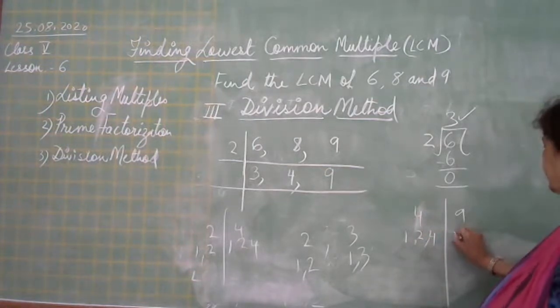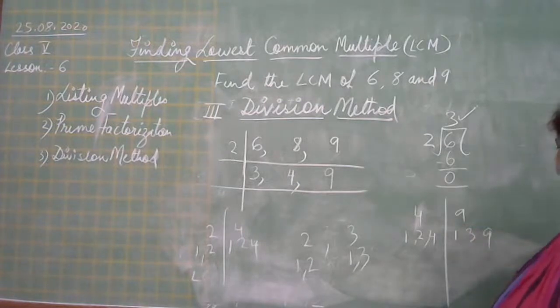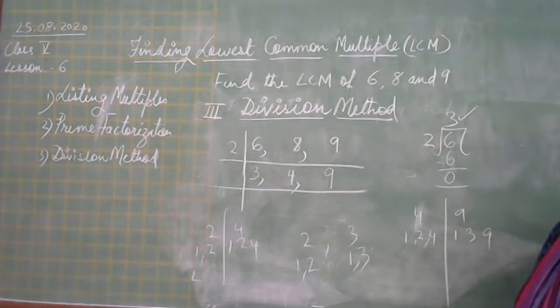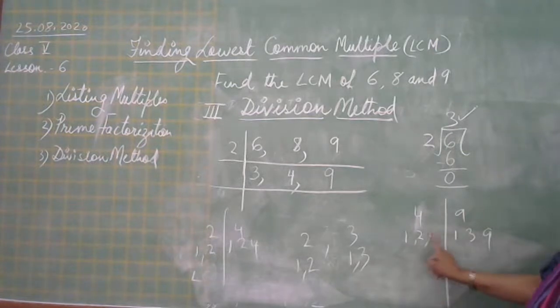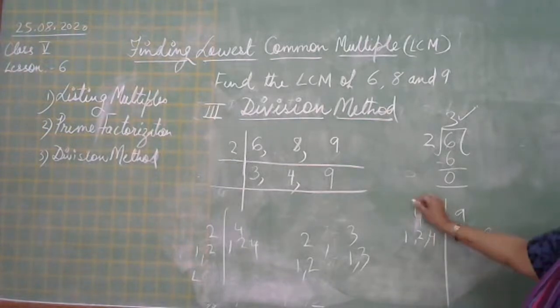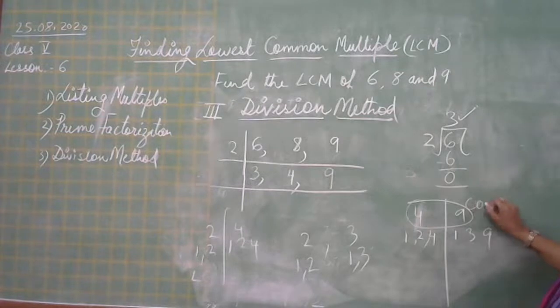And the factors of 9 are 1, 3, 9. So, apart from 1, do we have any other common factor? No. So, these two numbers are co-prime. They are called co-prime numbers.